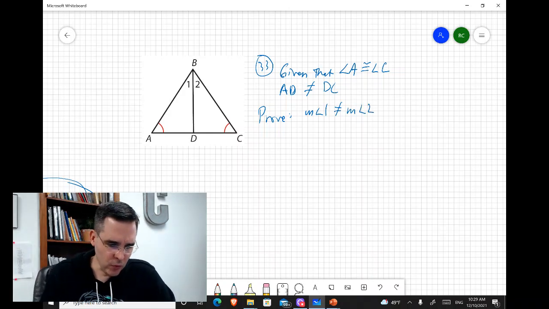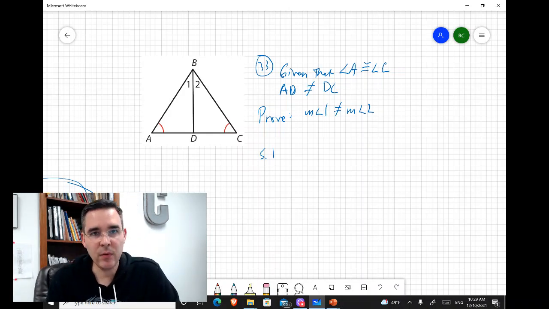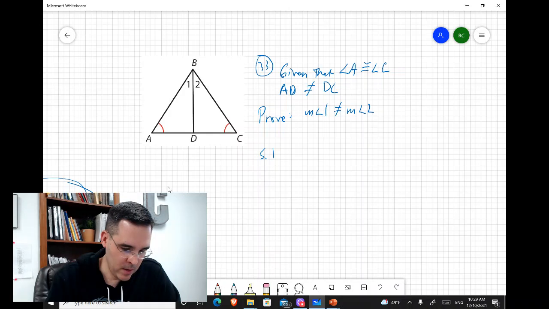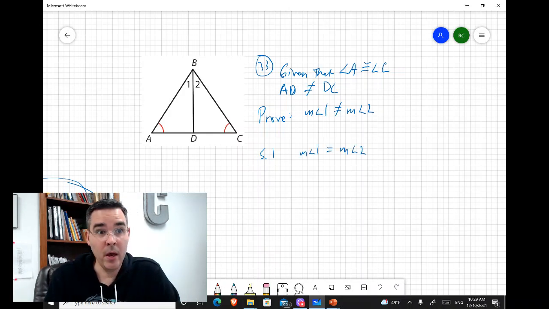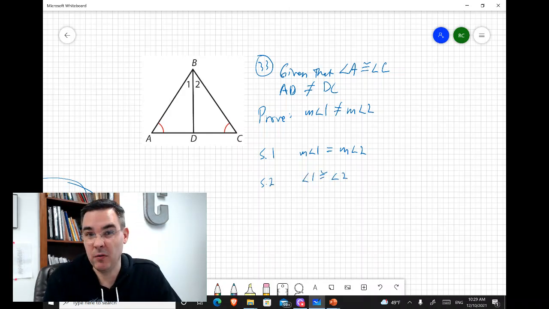So we're going to assume, in our statement 1, the opposite of what I'm asked to prove. I'm going to assume that the measure of angle 1 is equal to the measure of angle 2. Well, if the measure of angle 1 is equal to the measure of angle 2, then I can also say that angle 1 is congruent to angle 2 because of the definition of congruent statements.